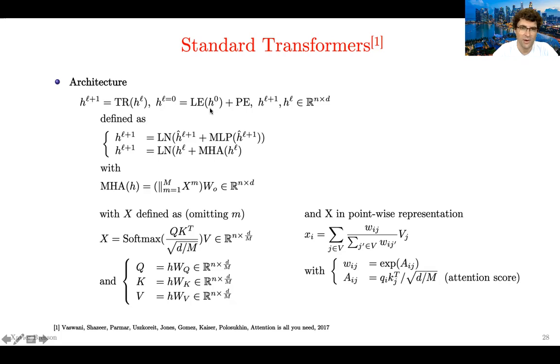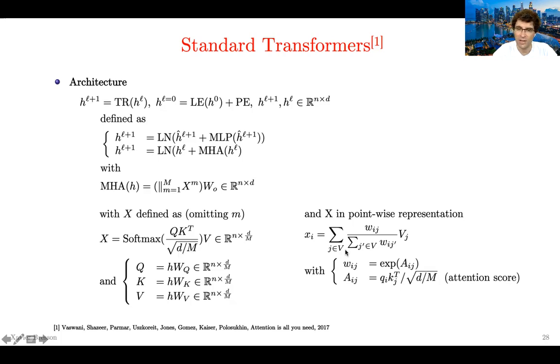The input layer is going to have a linear embedding of the node inputs like the atom type plus positional encoding. And here you have the standard transformer layer: layer normalization, multi-layer perceptron, and multi-head attention. Multi-head attention is where you have the attention mechanism, with the softmax, the query, key, and times the value.